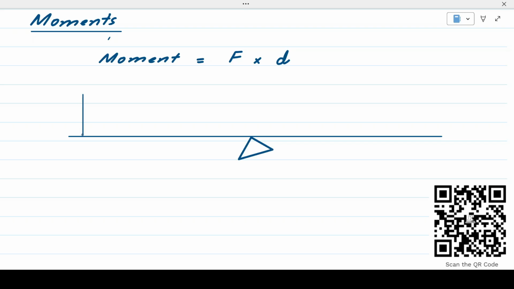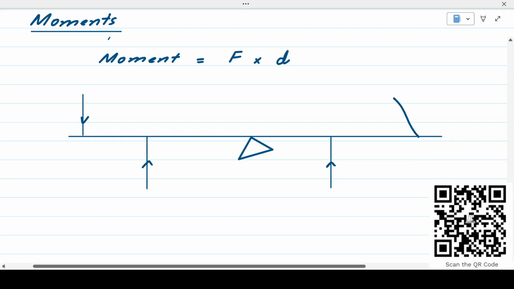So for example, one force is here, another force over here, another force over here, another force over here. Let me draw on this side.